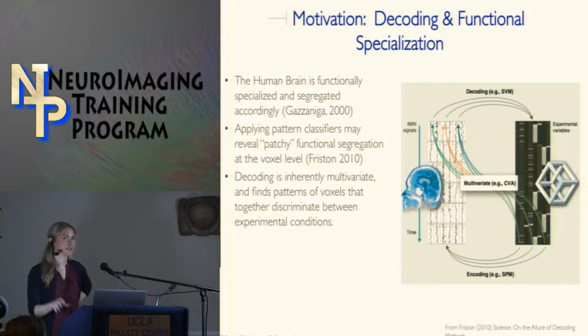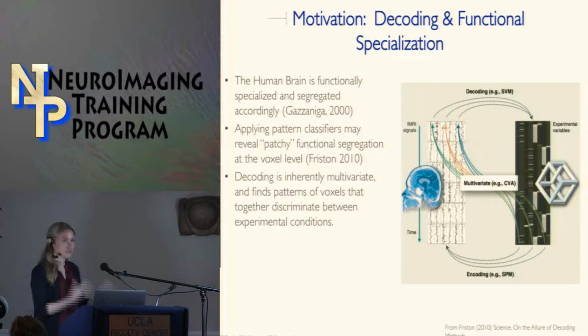So early on, one of the motivations for running decoding models was this idea that we might be able to learn more about patchy functional segregation in the brain. Of course, decoding is inherently multivariate, so the idea was that we might be able to analyze these patterns and learn more.